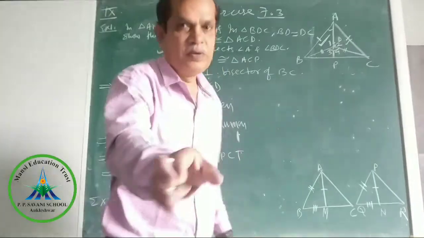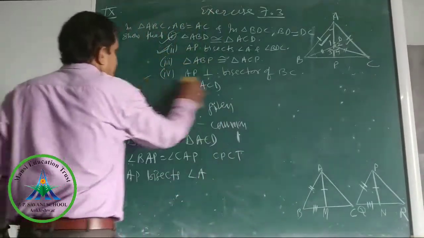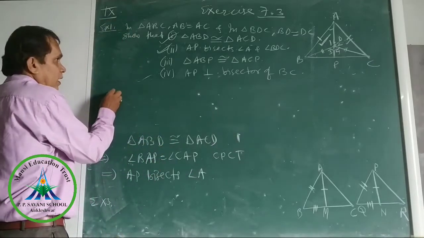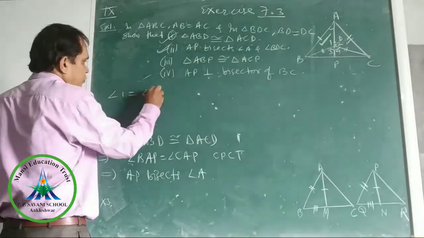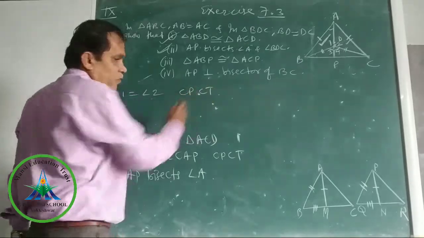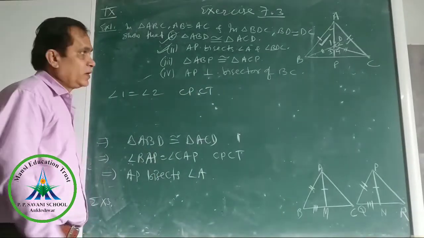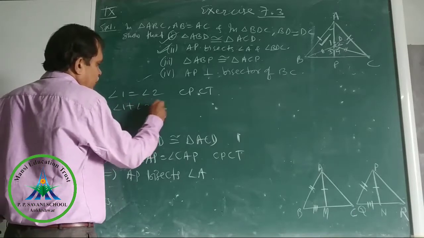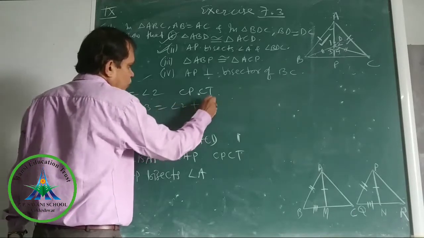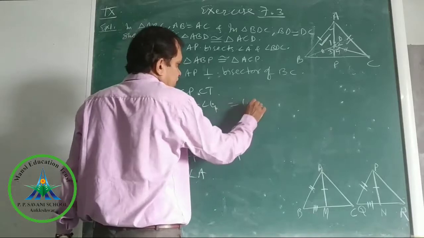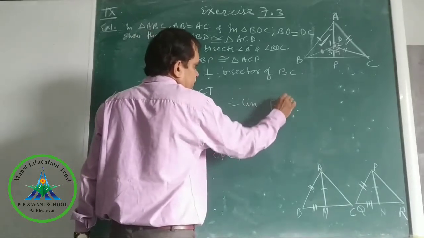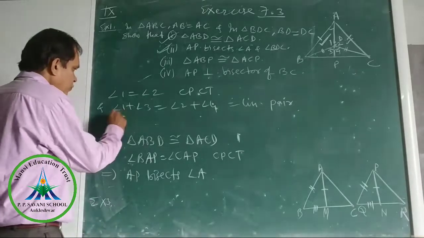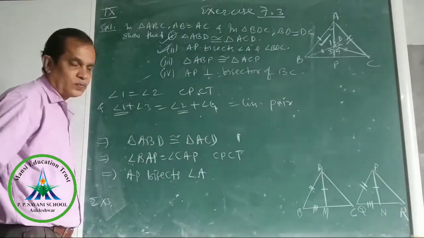So you will write now. Look here again. Angle 1 equal to angle 2, simplicity. We have numbered. And angle 1 plus angle 3 equal to angle 2 plus angle 4, angles in linear pair. And you see 1 and 2 are equal.